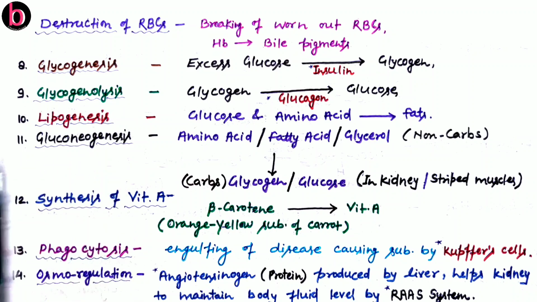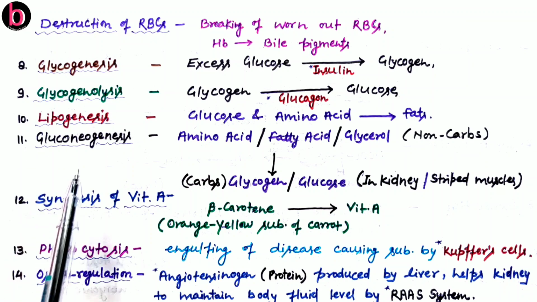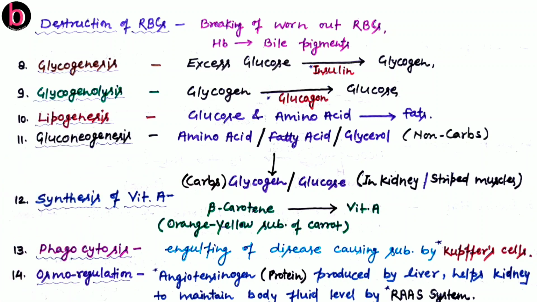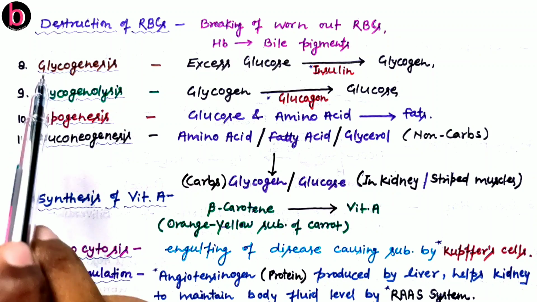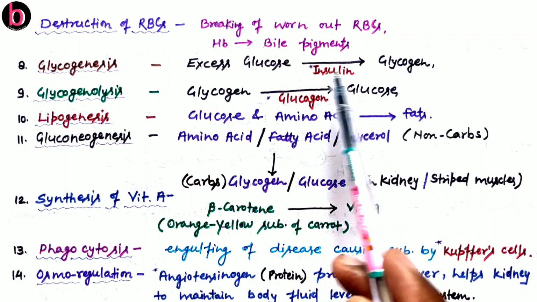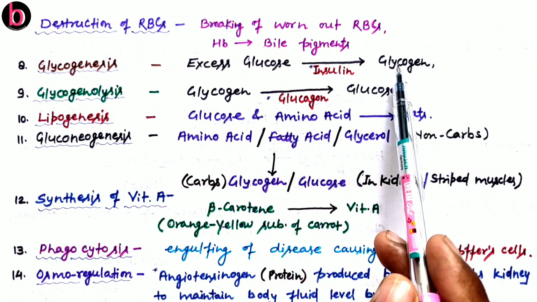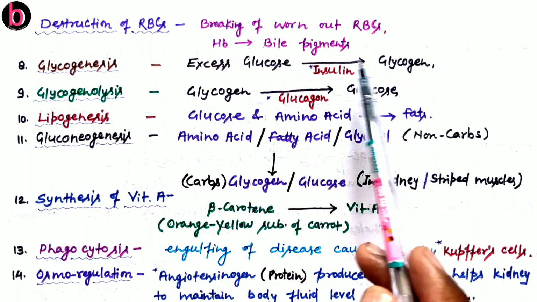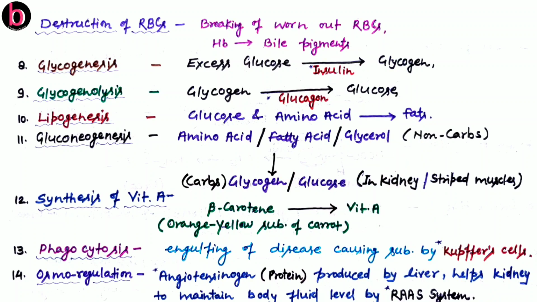The next one is gluconeogenesis. So gluco, as we discussed earlier, is gluco and glyco, both are for carbohydrates. Here glucogenesis is about synthesis of glycogen from glucose. So carbohydrate to carbohydrate, simple carbohydrate to complex carbohydrate, means monosaccharide to polysaccharide.